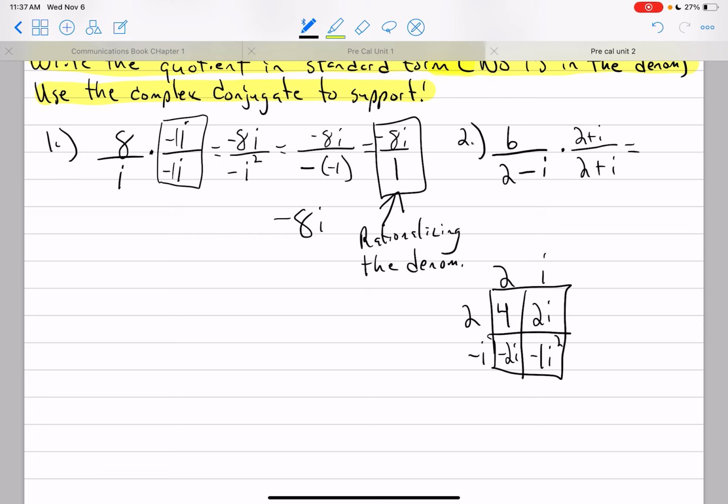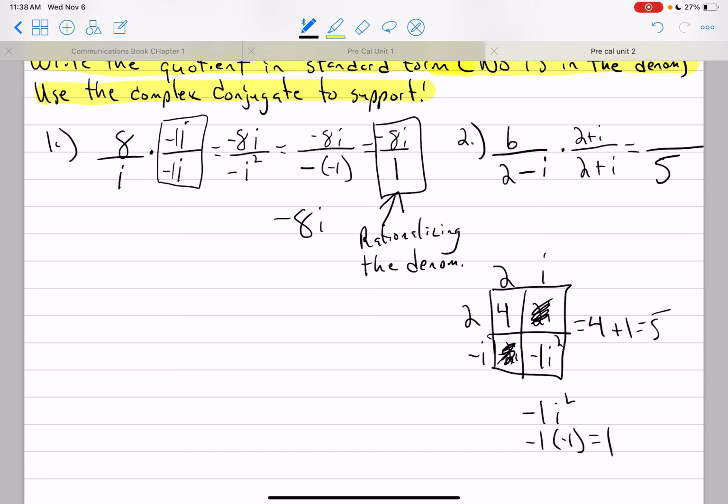Negative 1 i squared, right? Negative 2i and 2i cancel out. 4 is just 4. Negative 1 i squared is negative 1 times negative 1, which equals 1. So we end up with 4 plus 1, which is just the number 5.